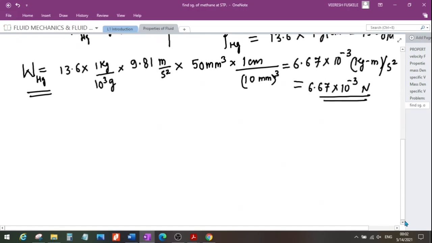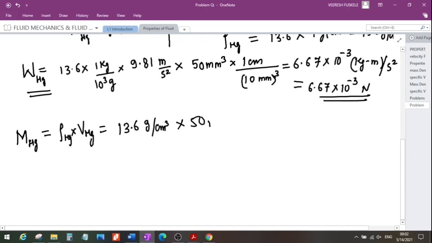Similarly, we can calculate the mass of mercury. The mass of mercury will be just density of mercury into volume of mercury. So the density of mercury, we just have this, into 50 millimeter cube.